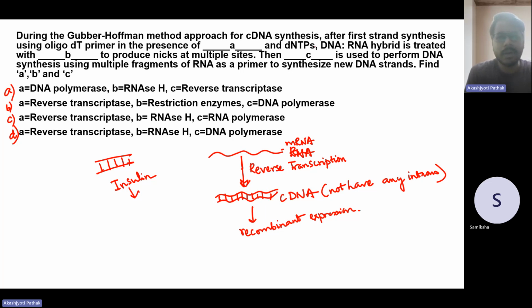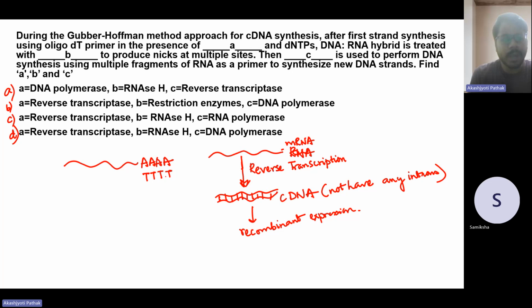Now, how is this cDNA synthesized? Here they are asking you about how you can synthesize a cDNA. So what is done is you have the mRNA sequence, and this mRNA will have a poly A tail. You take a primer, a poly T primer.